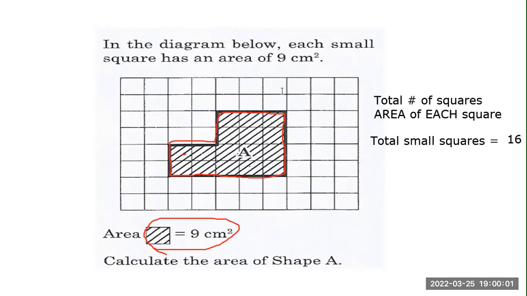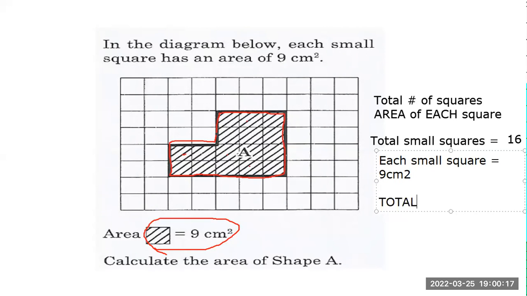Each small square would represent an area of 9 centimeters squared. Right, so what will be the total area? To find that, we have 16 of the little squares, but each of the little squares has an area of 9 centimeters squared.